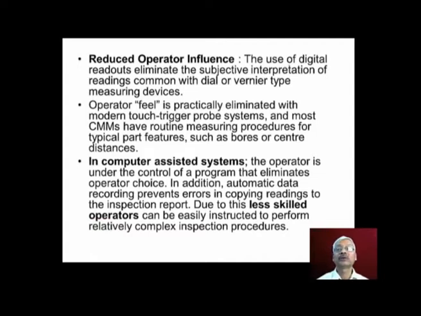The use of digital readouts eliminates the subjective interpretation of readings common with dial or vernier type measuring devices. Since the measurement data is directly transferred to the computer system, operator errors are minimal.